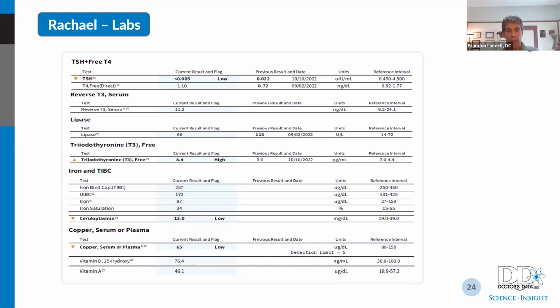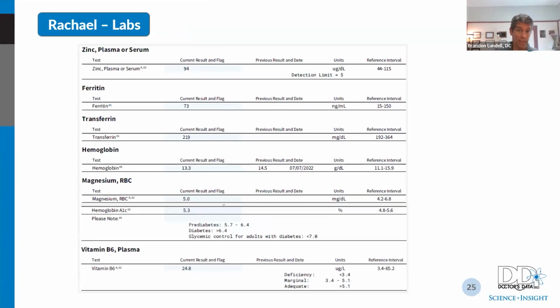So I know that flies in the face of what a lot of people say in functional medicine, but the data proves that all-cause mortality actually starts to go up above 40, long-term. There are times to supplement with vitamin D in high levels, but typically long-term, you want vitamin D levels around 40 to 45. That's what the research says. And in my classes, I give you all that data.